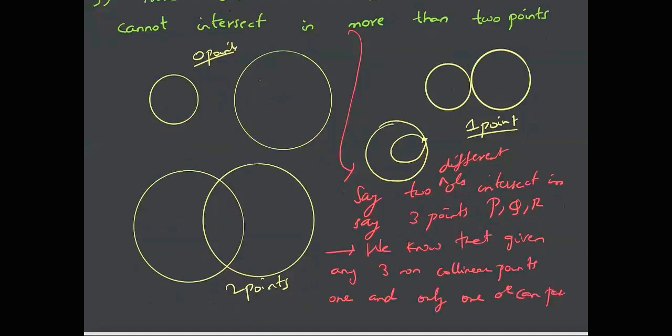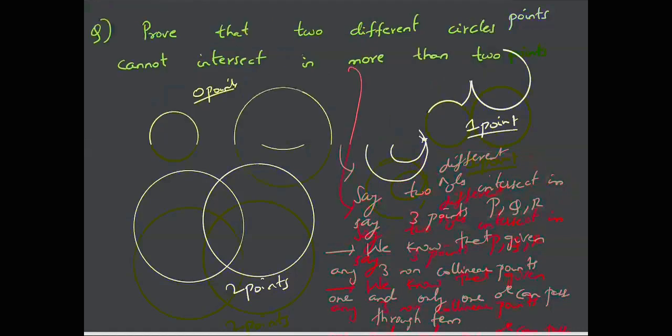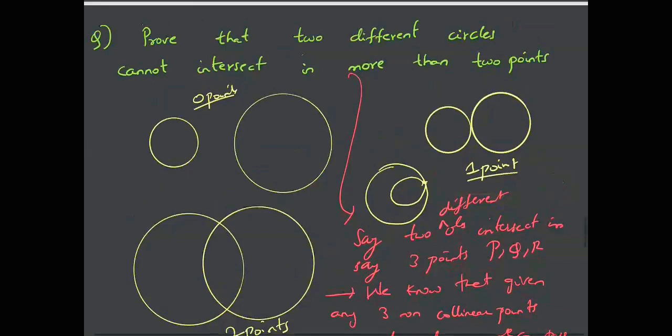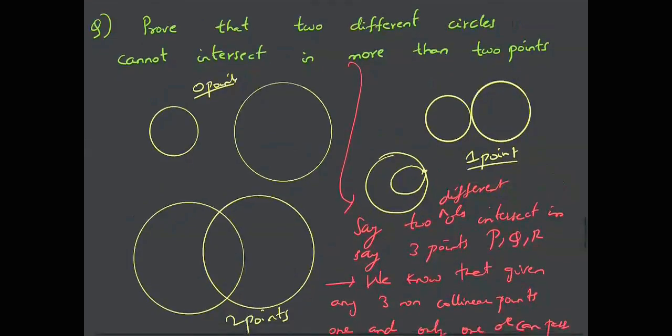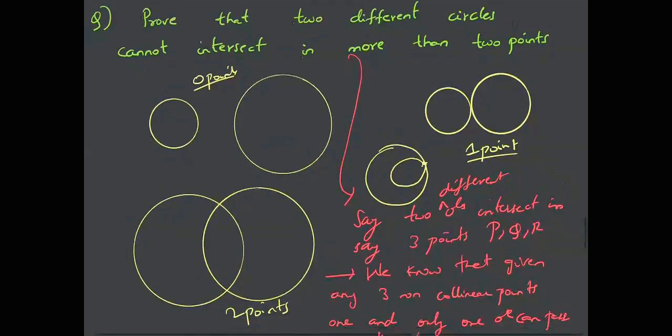But here two different circles are passing through them. So this is a contradiction. So this means that two different circles cannot intersect at 3 points. So basically, if you have two circles, then the maximum number of points of intersection is only 2.